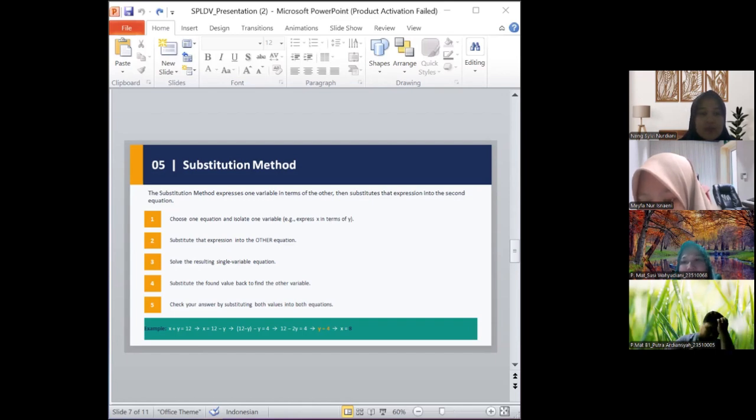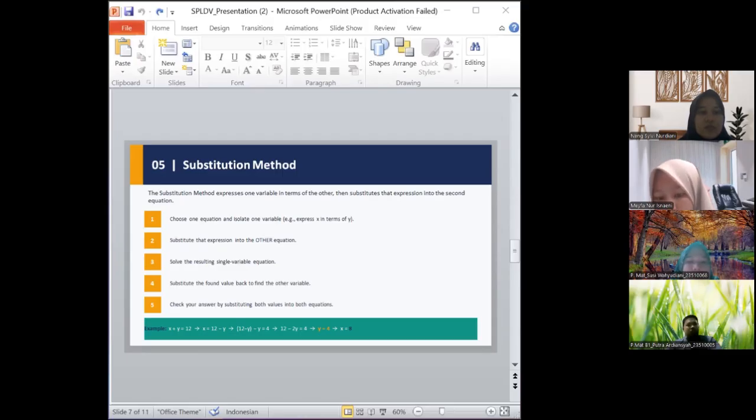Miss, I want to disagree a little. I think substitution is simpler because we only need to deal with one equation at a time. Can you show us which one is better for problem 2?